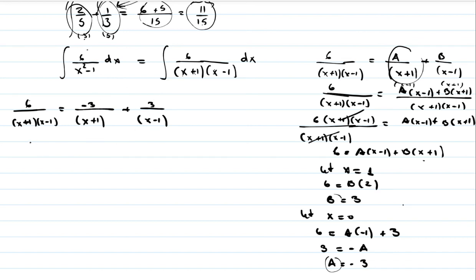Fine. So in our integration now, we're going to do the integral of minus 3 divided by x plus 1 dx plus the integral of 3 divided by x minus 1 dx. So we are replacing all of this.